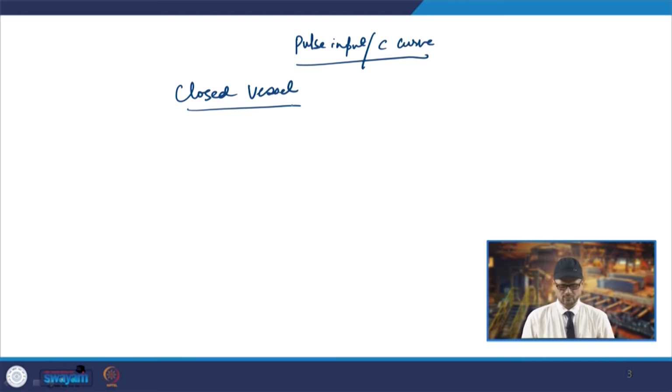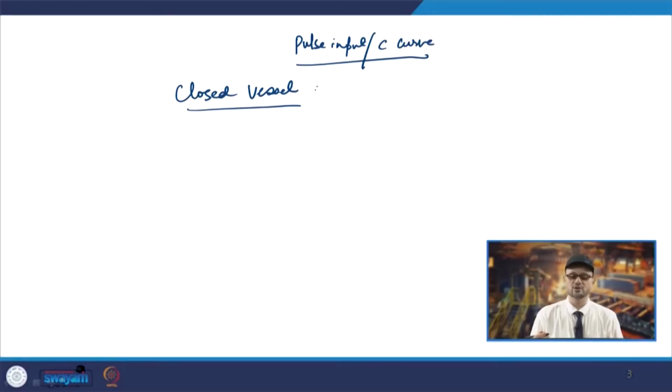If you look at a closed vessel, in continuous casting operation, the tundish can be taken as the closed vessel, because your tracer inlet is from one side, that is from the ladle it is entering into the tundish, and then the dye is coming out through the tundish outlet.